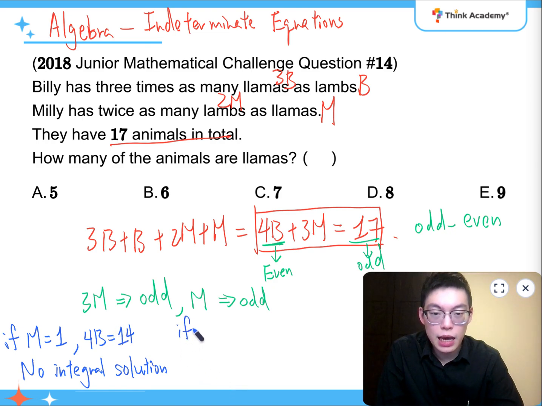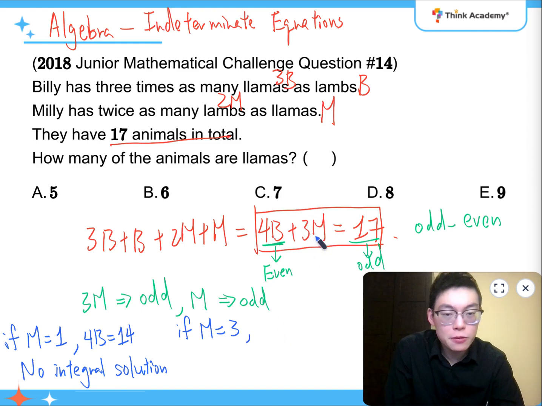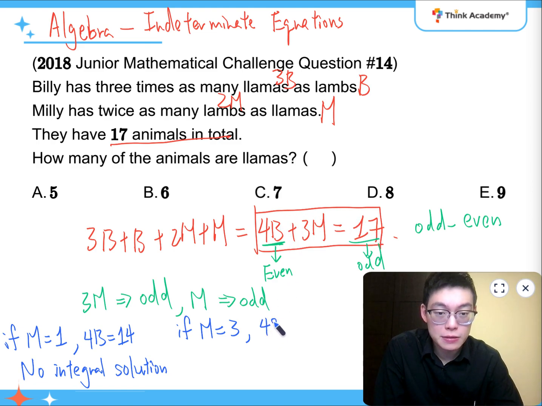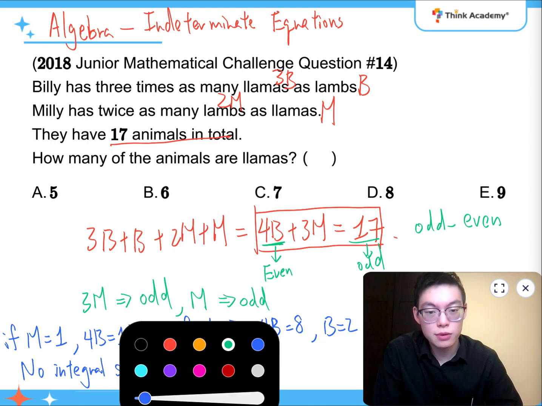And if m equals 3, then 3m will be 9, which means that 4b adding 9 is 17. So 4b is 8, which means b is 2. And that is a proper solution, right?